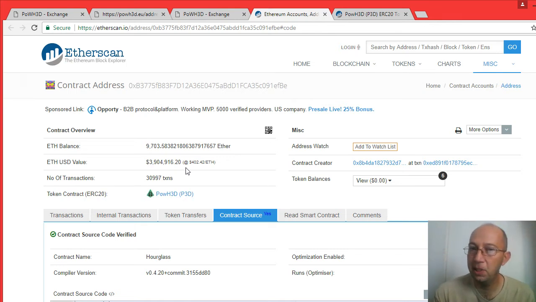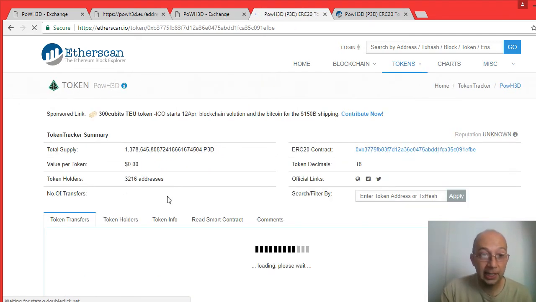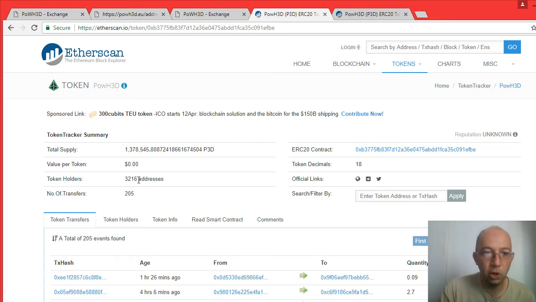So when I first started, there were 480 addresses. Now there's 3,200 addresses. Each address basically represents a person that is invested or using it or has tried it, right? That's holding coin right now.